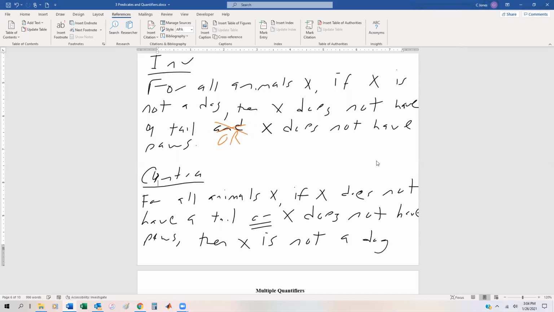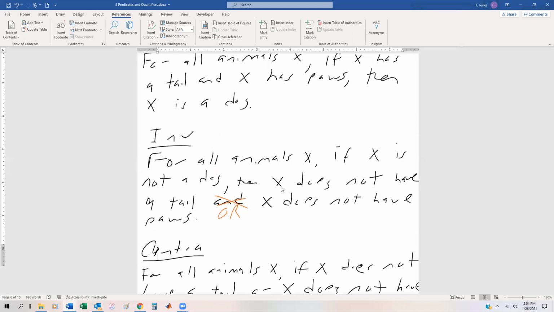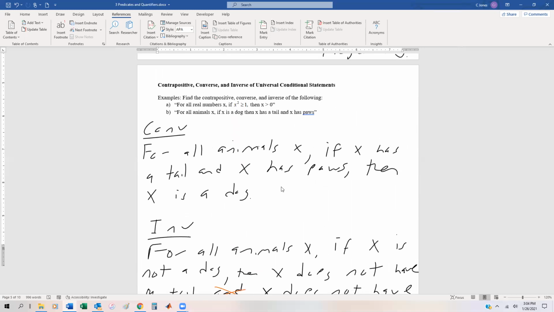So we're utilizing some of our logic and also making sure that we understand the inverse, converse, and contrapositive. That takes care of everything for single quantifiers.